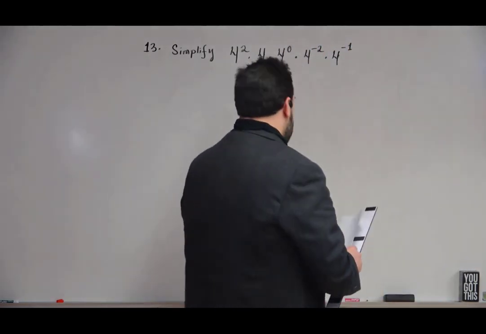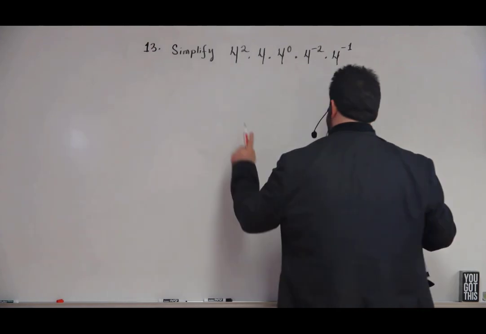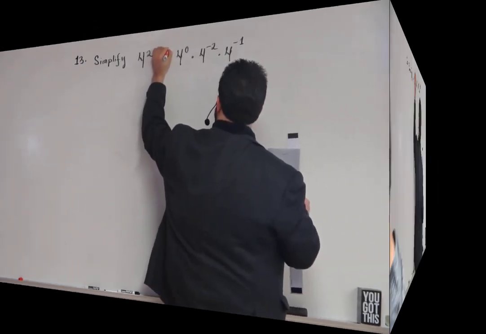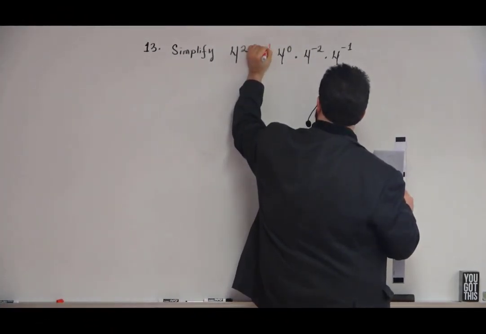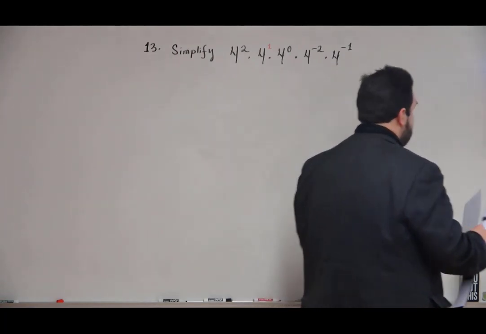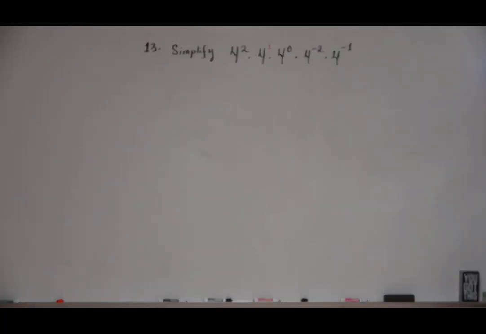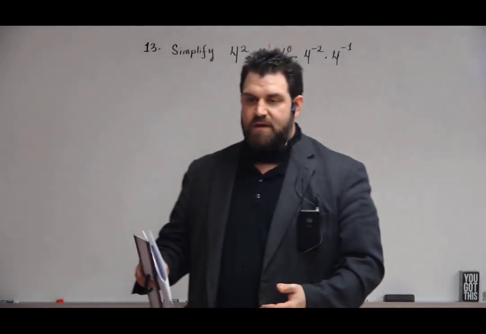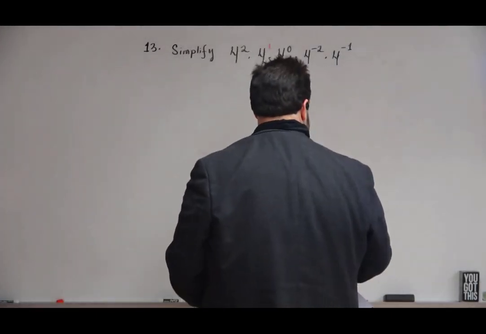All right? Well, there's only one little thing, and that is we need to add a 1 right here. And then we can actually just proceed. All we have to do is apply the product property of exponents.